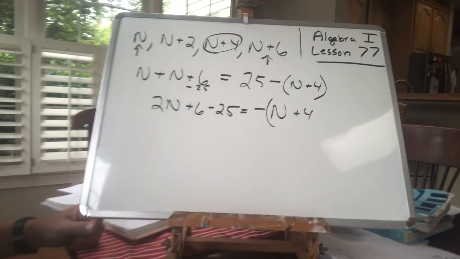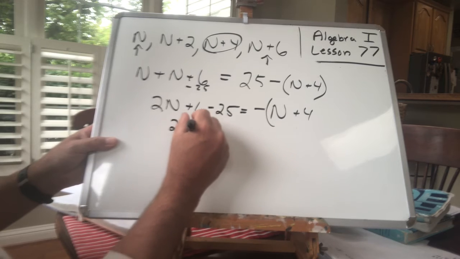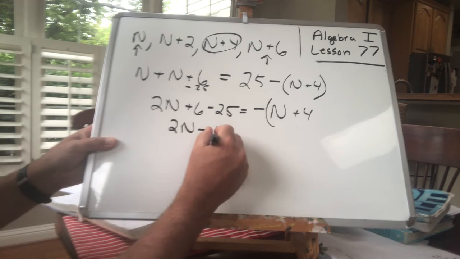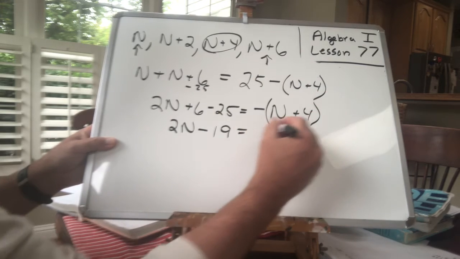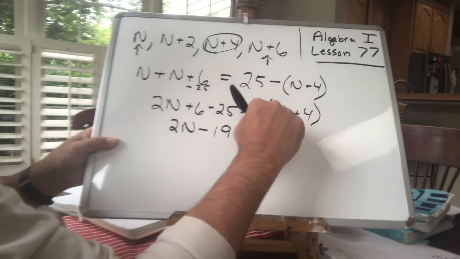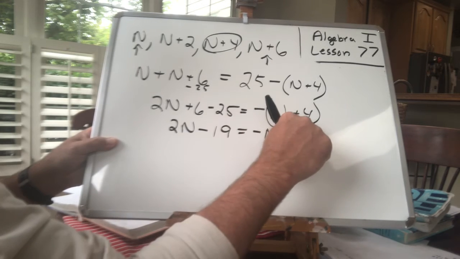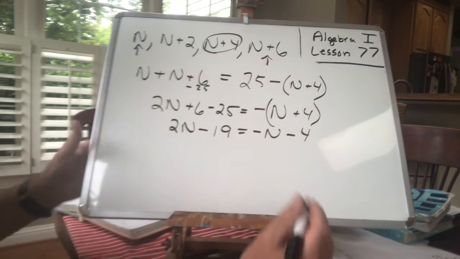I'm going to rewrite this and make this simplified. It'll be 2n minus 19 is negative n, and then you have to do minus sign times positive 4, which would be minus 4.